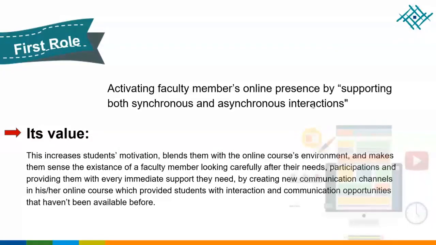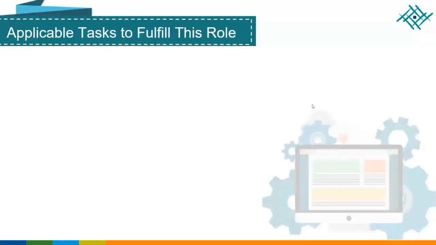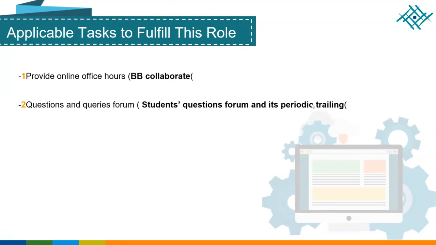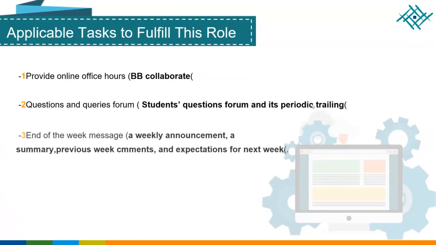This is done by creating new communication channels in the online courses, which provide students with interaction and communication opportunities that haven't been available before in face-to-face learning. Applicable tasks to fulfill this role: provide online office hours, maybe using Blackboard Collaborate, a question and queries forum, a discussion forum, an end-of-week message, a weekly announcement, a summary of the previous week's comments and expectations for the next week.